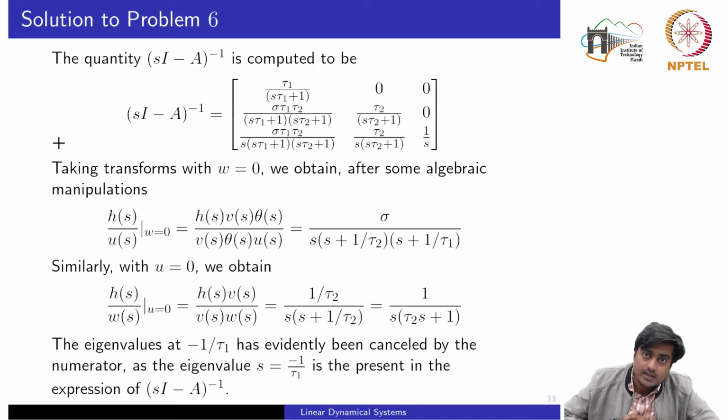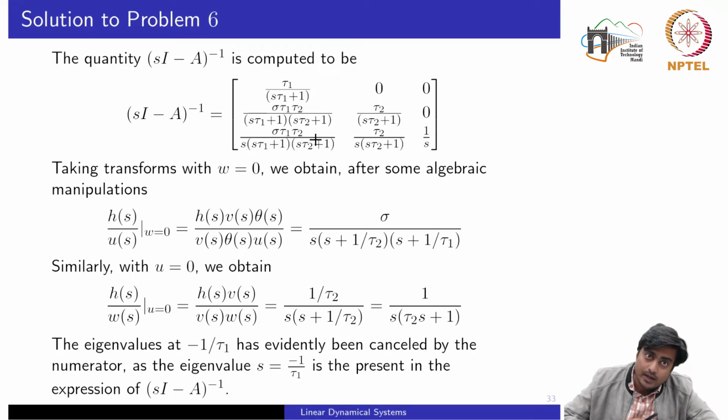If I take the inverse of this matrix, it would give me the state transition matrix, and we know that almost all the characteristics are embedded into the state transition matrix. So if I compute the poles of this matrix, we have the poles at 0, minus 1 by tau 1 and minus 1 by tau 2.